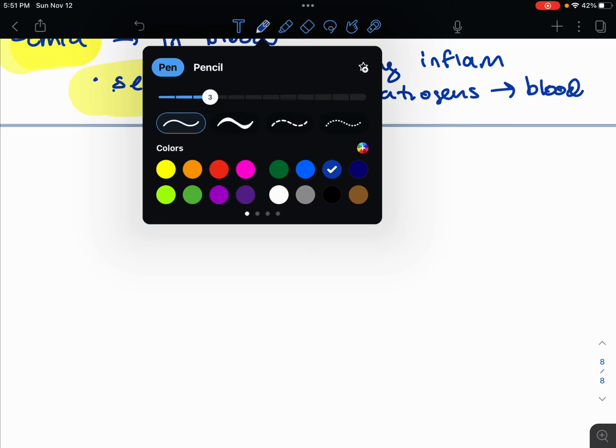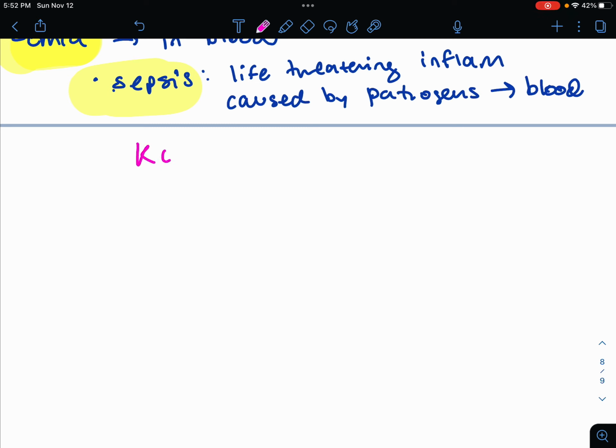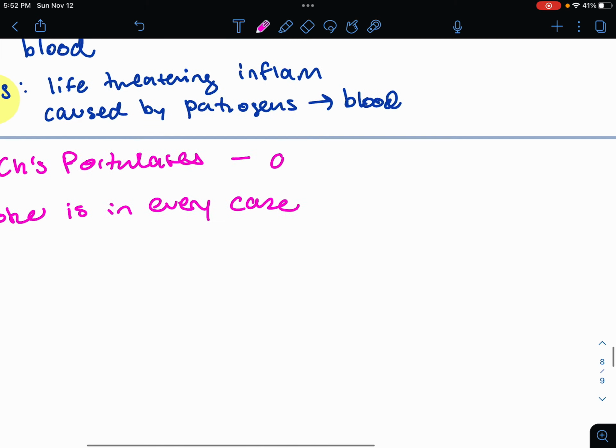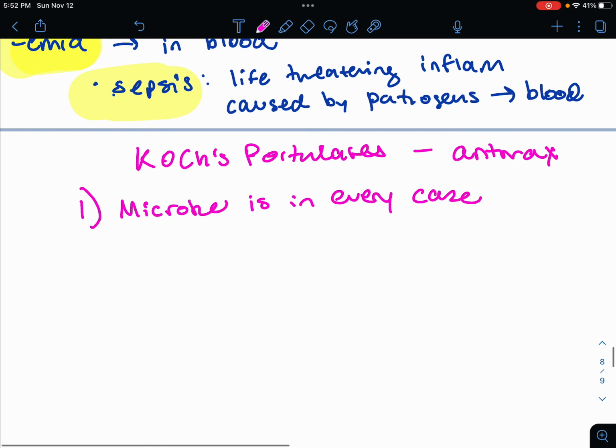Alright, let's talk about Koch's postulates. So he's going to use these to establish that anthrax bacteria will cause anthrax, the disease. So number one, the microbe must be present in every case. I'm going to just put here anthrax. That's the disease that he originally studied.